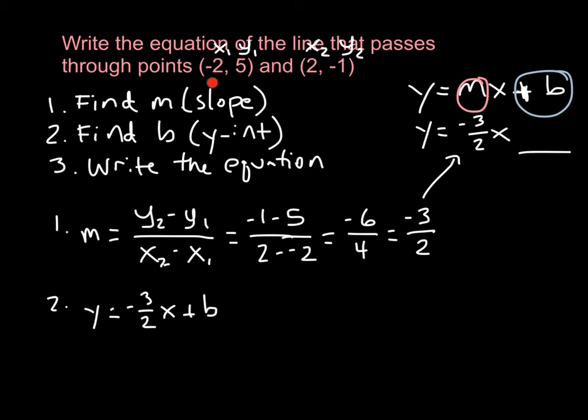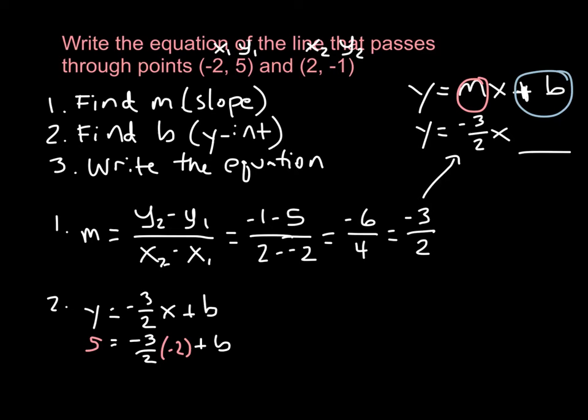So I'm going to use an x value of -2 and a y value of 5. So I'm going to put 5 in for y, and I'm going to put in -2 for x. And now I'm going to solve for b.